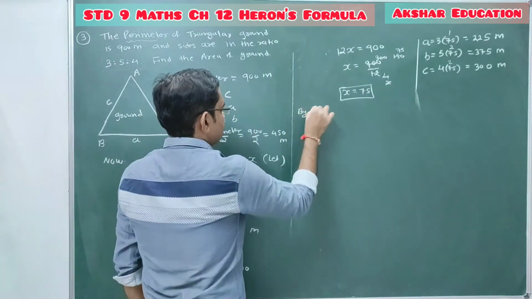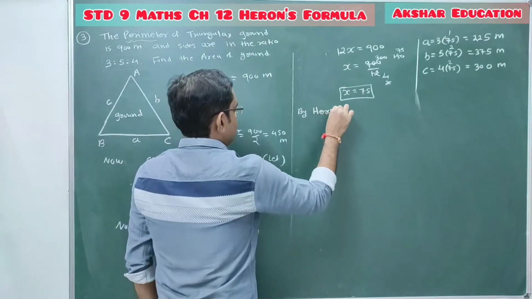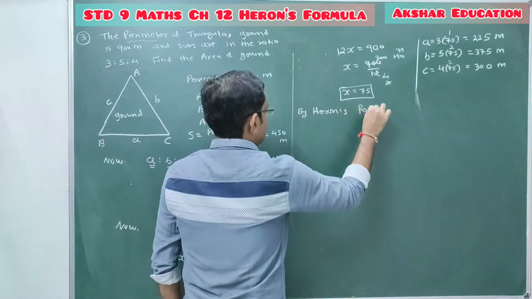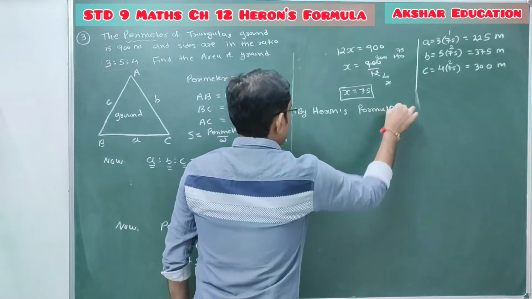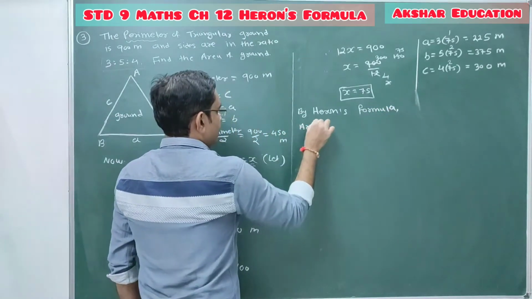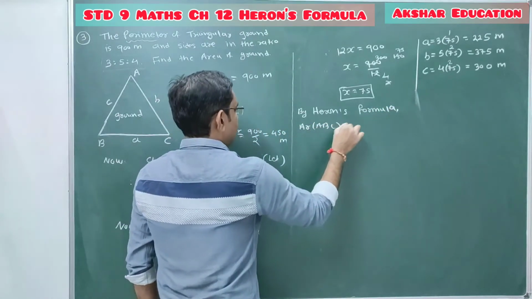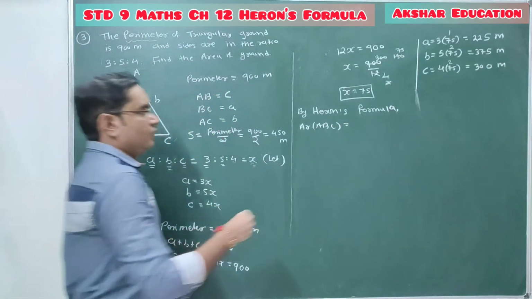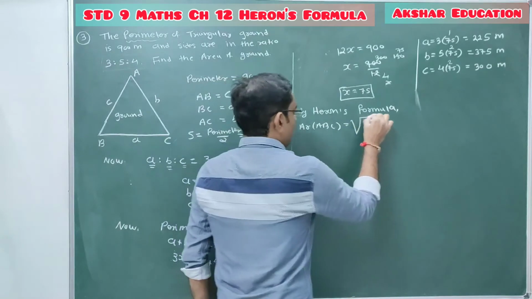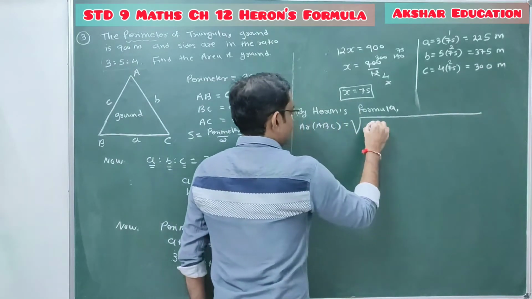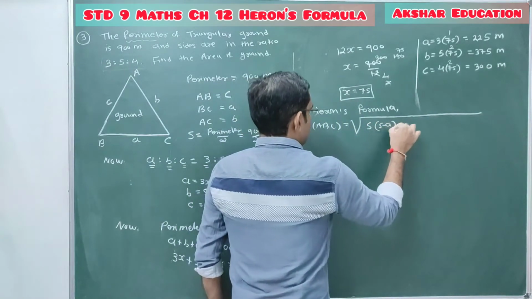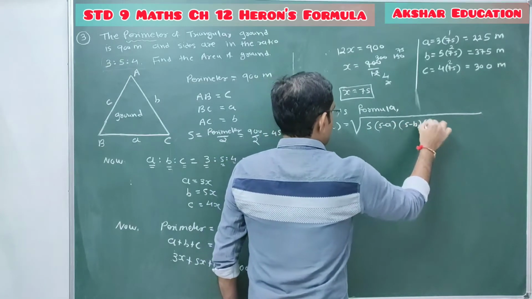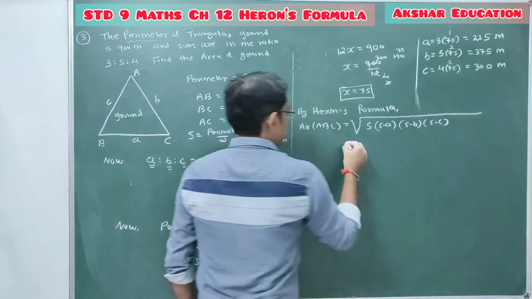So by Heron's formula, by using Heron's formula, we can find the area of triangle ABC. What is the area of triangle ABC? That is, area of the triangular ground equal to square root of S into S minus a, S minus b and S minus c.